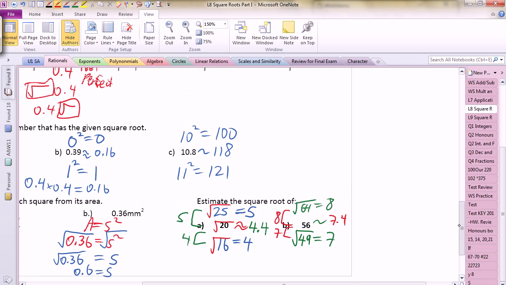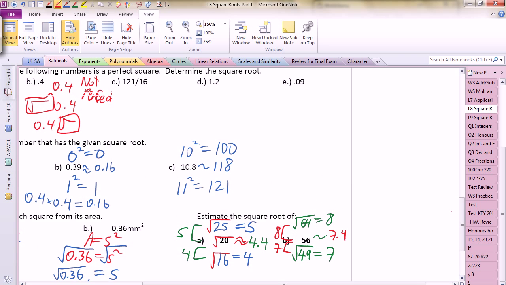Josh, you like to talk? Pick a number between 0 and 100. 50. Pick a number between 0 and 100. 78. Okay, what's the perfect square below? 64, which equals 8. What's the perfect square above? 81.